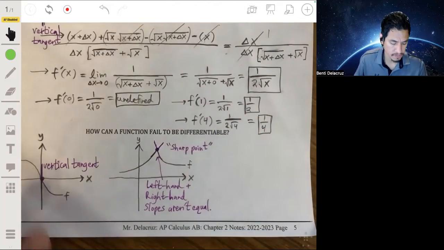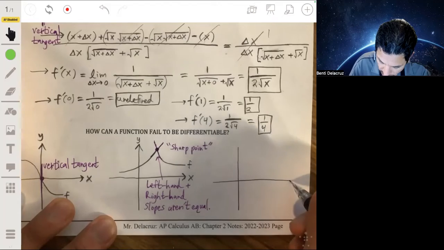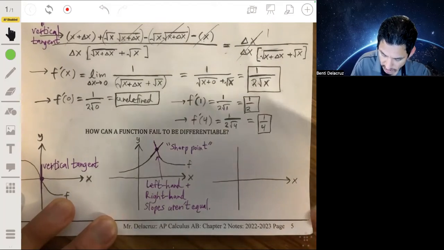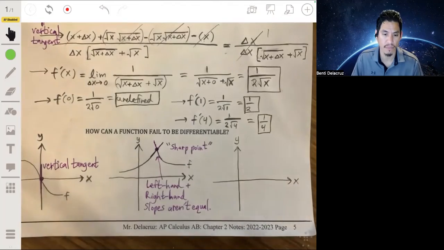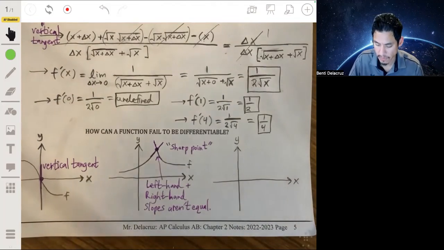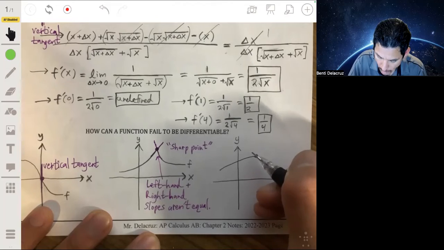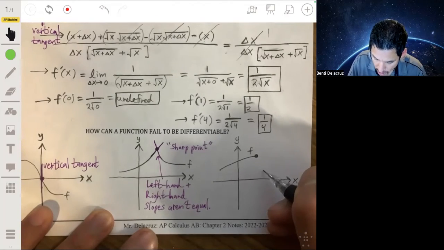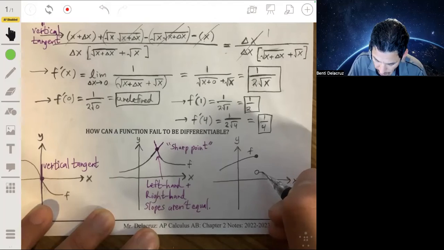All right, and a third general case is probably one of the most obvious. It's where you have a point of discontinuity. So where there's a jump, or the graph is broken. So maybe the graph does something like this, and then continues this way or something.